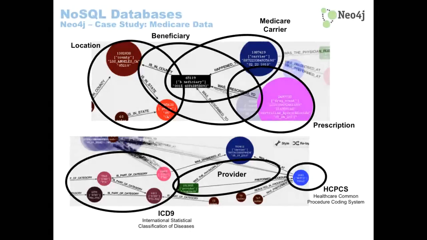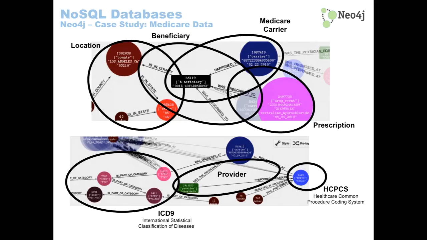Over here and over there, we have a couple of different hierarchies that we put together. ICD-9 codes, most of you know about ICD-9 codes, and ICD-10 codes were not out yet at the time. ICD is International Statistical Classification of Diseases, and it's a hierarchical set of categories.